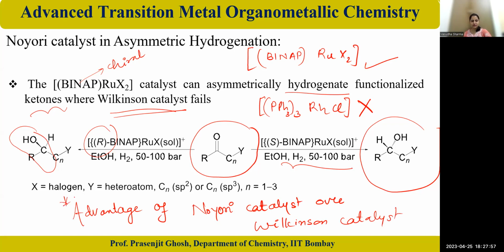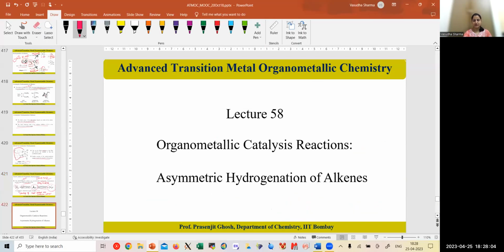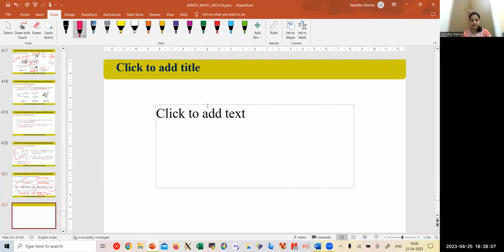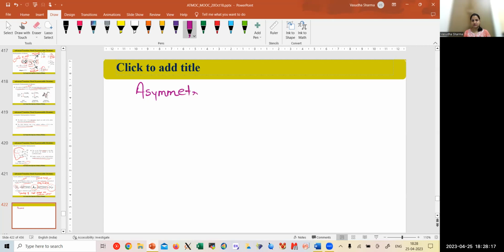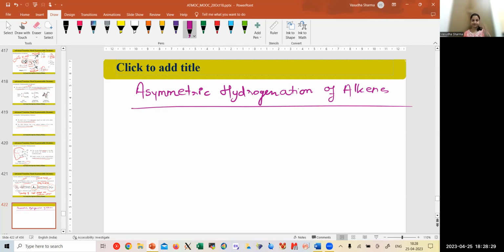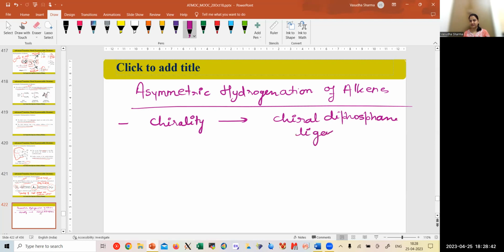This is very important. So what we have seen in lecture 57, we talked about the asymmetric hydrogenation of alkene, and the take-home message was that for chirality, chiral phosphines, diphosphanes have to be used.